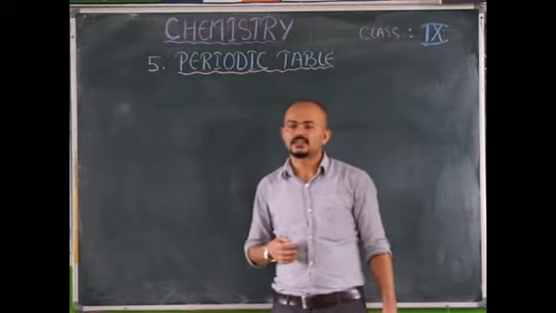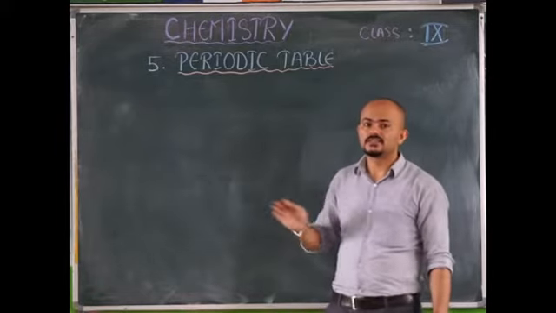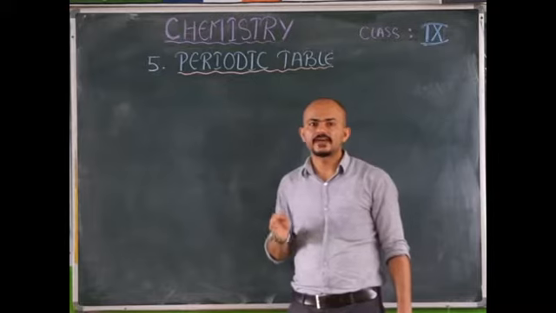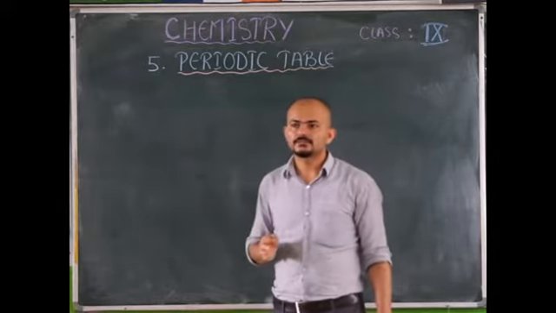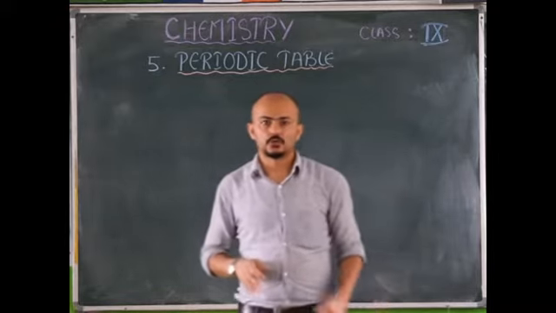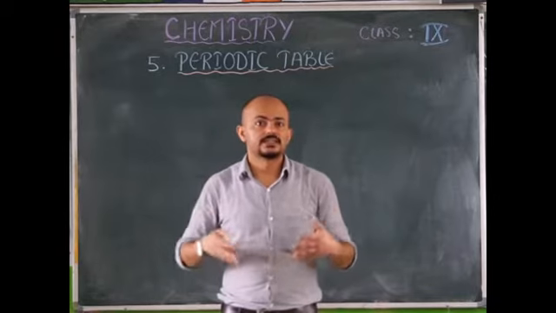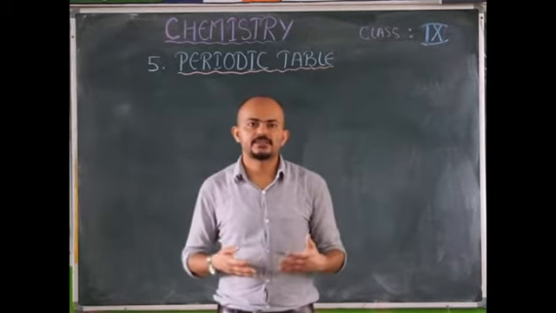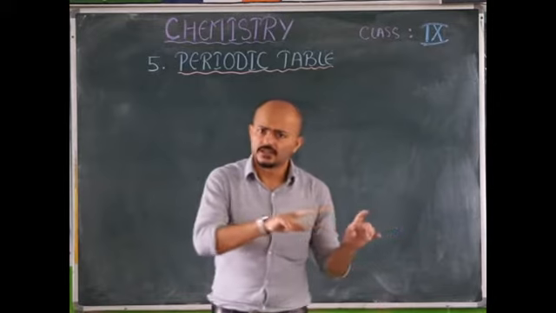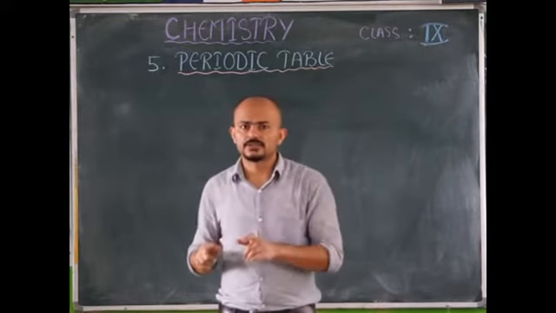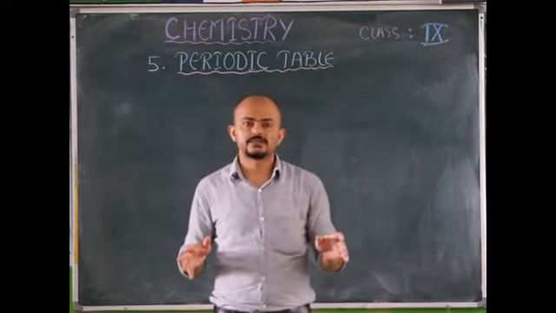And one more thing, it helps in correlating the properties of elements with fundamental properties of matter. So these are the points why there has been classification of elements into different rows and columns. Today we are going to discuss them one by one.